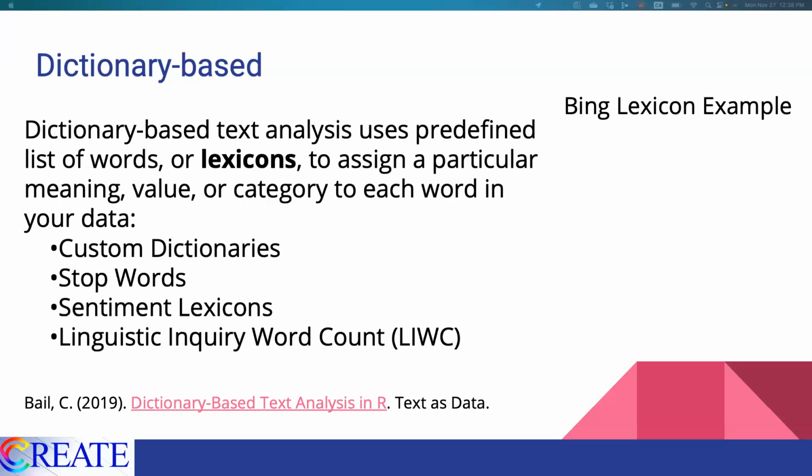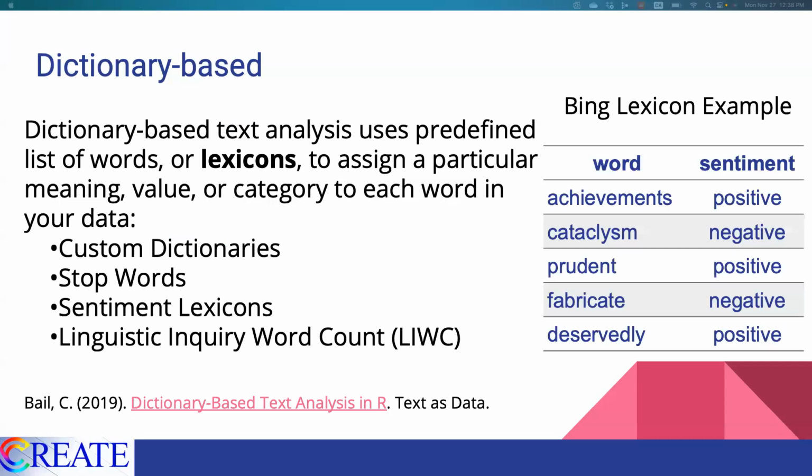Here's an example of what sentiment analysis will do using the Bing dictionary, which again I'll break down in a second. It will take a word and apply a specific sentiment to that word. So achievements would get a positive, cataclysm would be tagged negative, prudent positive, fabricate negative, deservedly positive.